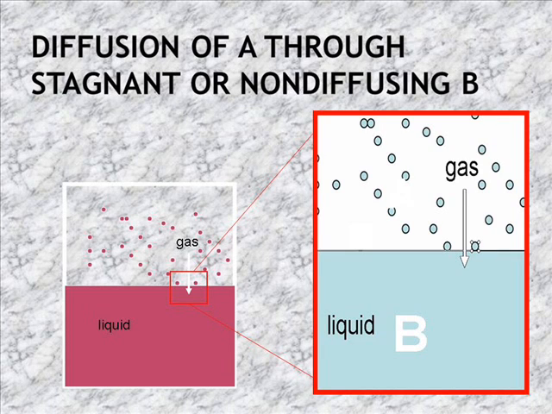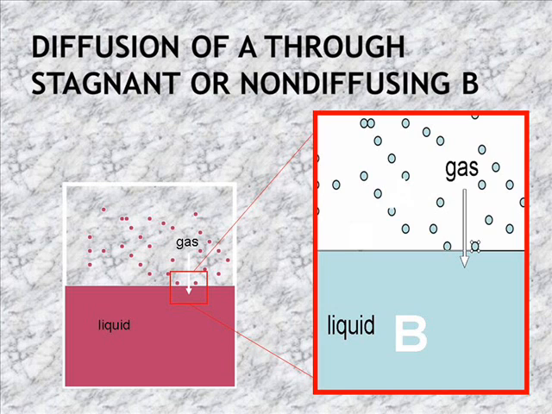Now let's go to the discussion of the diffusion of A through stagnant or non-diffusing B, meaning the solute A will be the only one going into the liquid phase.